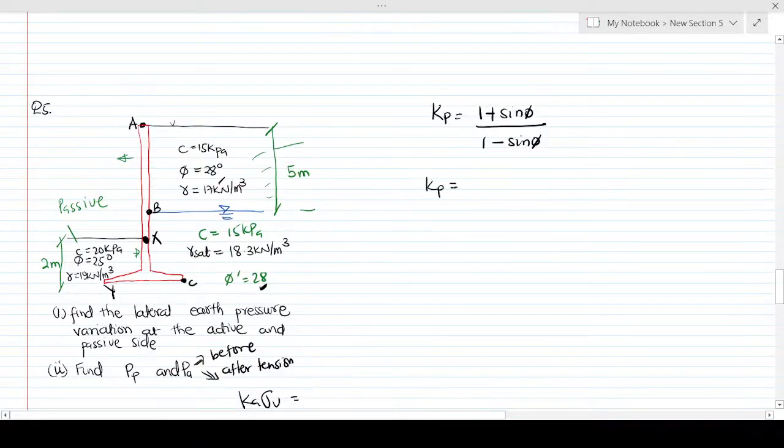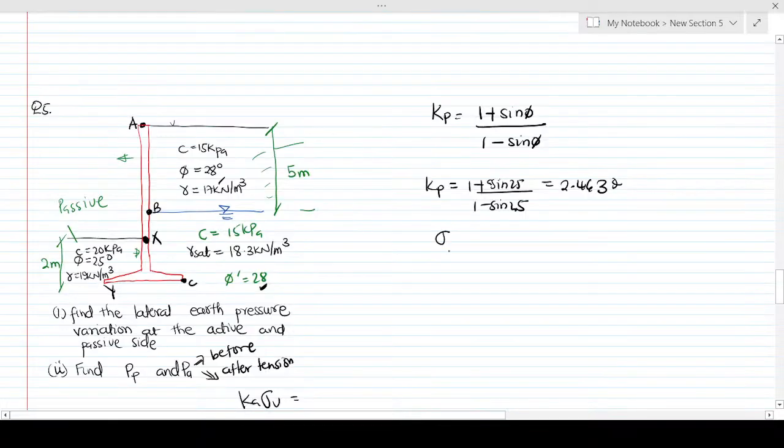So KP will be equal to 1 plus sin 25 over 1 minus sin 25, and that will be 2.4639.